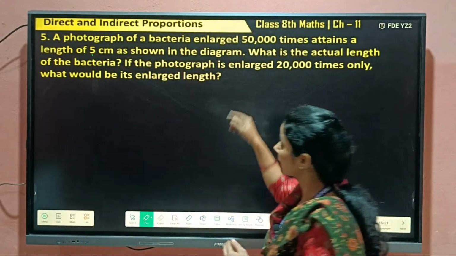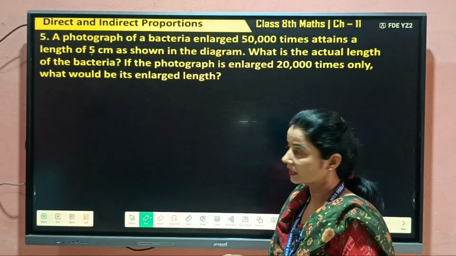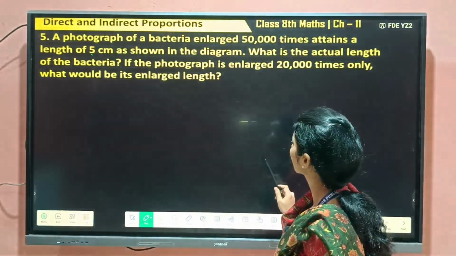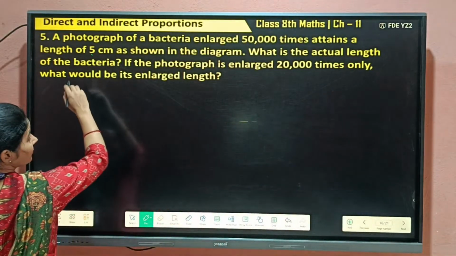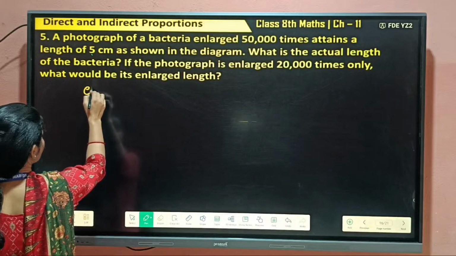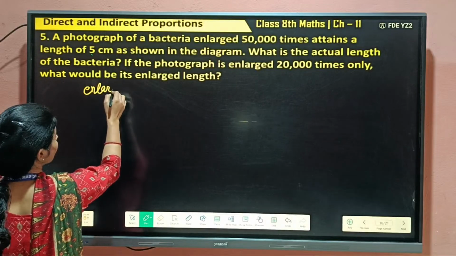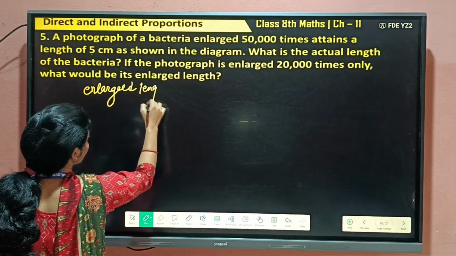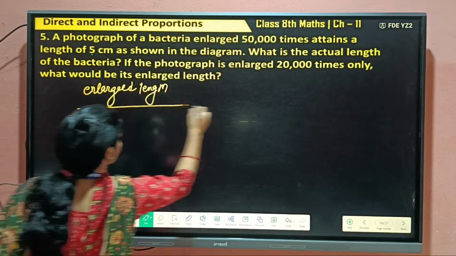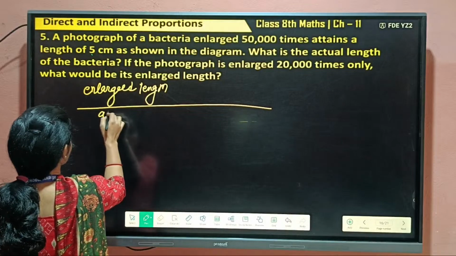And if it will be less, then its length will be less. So clearly this is case of direct proportion. Let us write enlarged length and there you will write actual length.